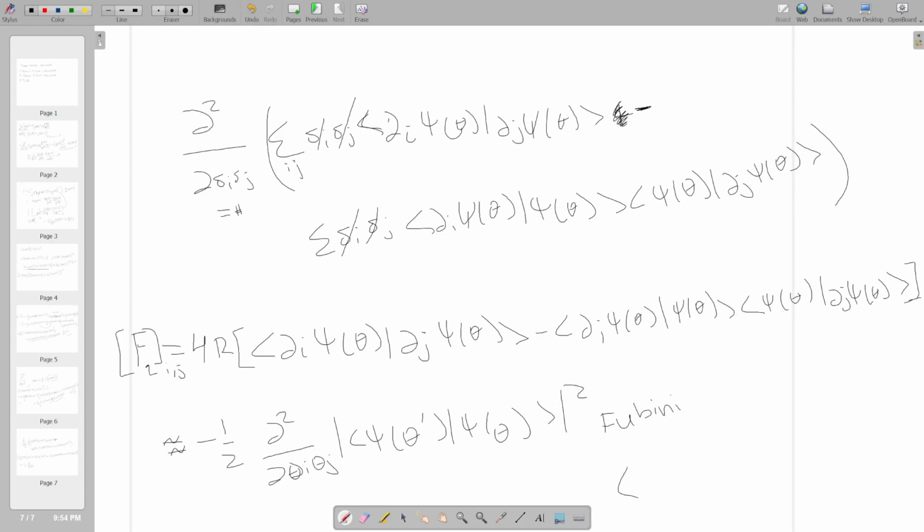The quantum geometric tensor has the form, and this is from the original natural gradient paper, which I'll also link as always. The quantum geometric tensor has this form, which you'll notice is extremely similar to what we just wrote.